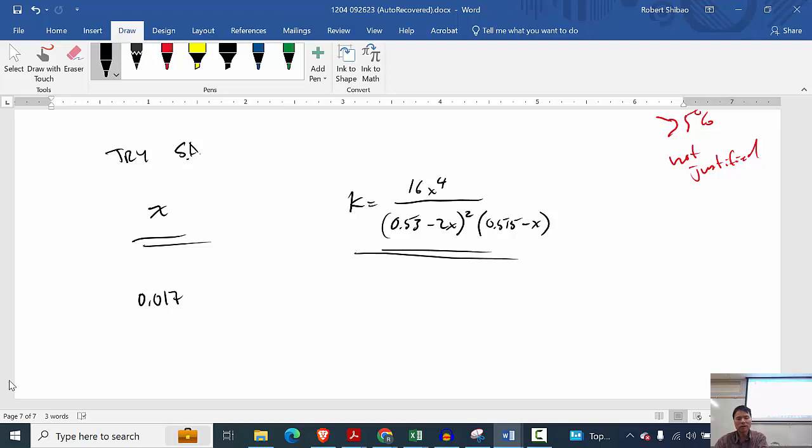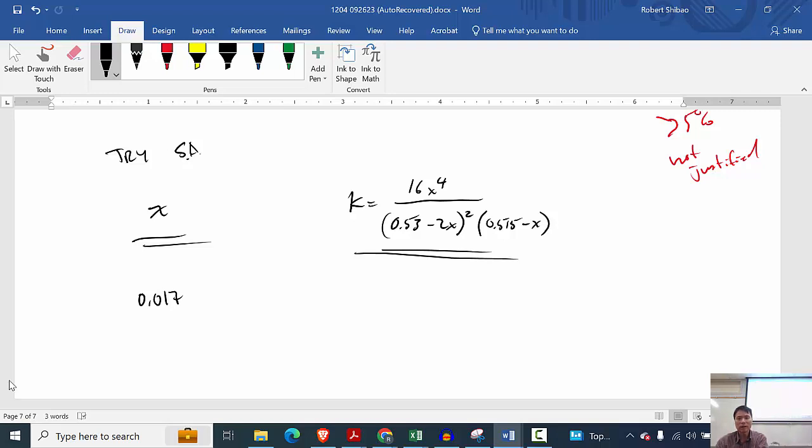I'm going to raise it to the fourth power, divided by, in parentheses, 0.53 minus 0.034, which is double that quantity, and then I'm going to square that quantity.